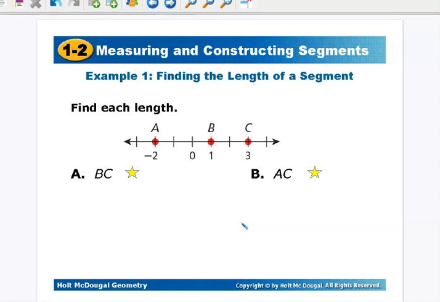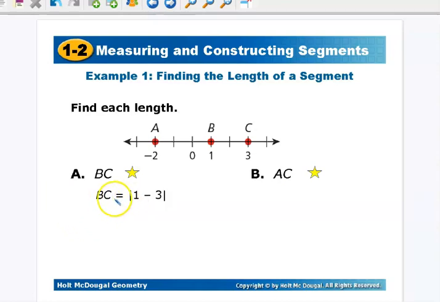So let's practice what we know so far. This is going to seem very simple. We want to find the length between 2 points. If I want to find the length between B and C, this is not talking about line BC, it's just talking about the distance between points. So BC, and then also find AC. Make sure that you're showing this work, jot it down.